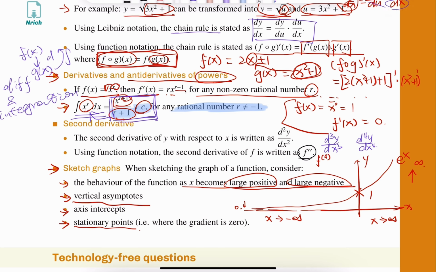So the definition of stationary point is the first diff is equal to 0. Or you can say the gradient is 0. So the first derivative actually represents the gradient. For example, in our graph of exponential, at x equal to 0, we have a gradient like this.